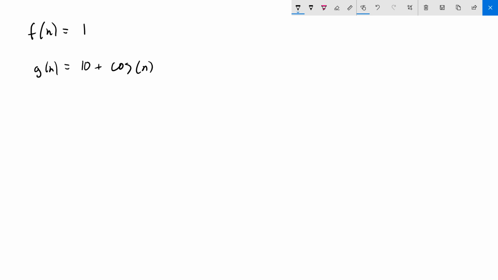Okay? Is this true? If I'm doing a proof, I'm asking you to find a c and an n naught that would, when we plug it into the definition, would work.